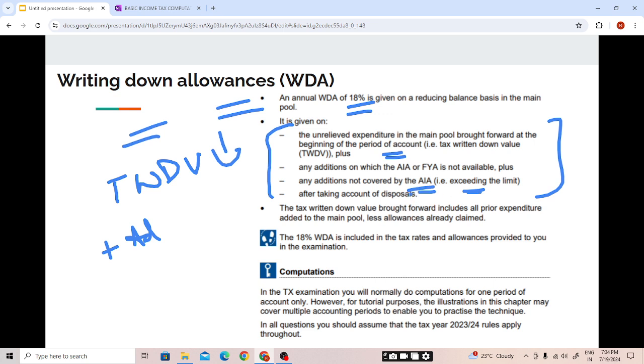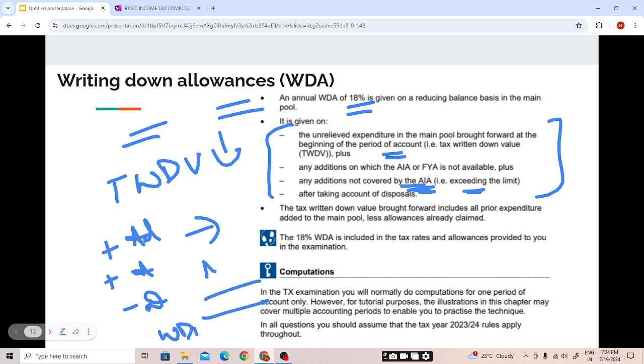The additions which qualify for AIA but exceed the limit, the amount will fall under the main pool, and after that additions not qualifying for AIA or FIA, and disposals. After the disposal we get a value. On this value we will be calculating the WDA.